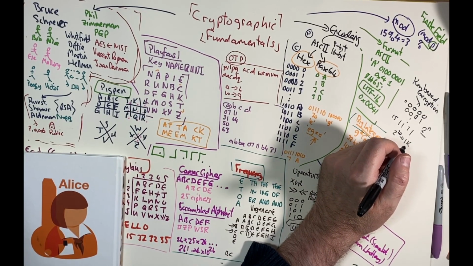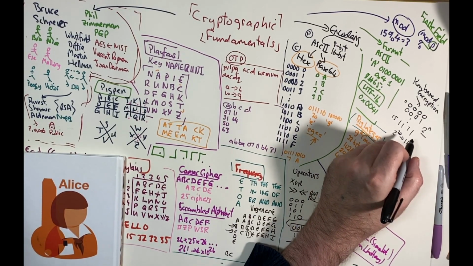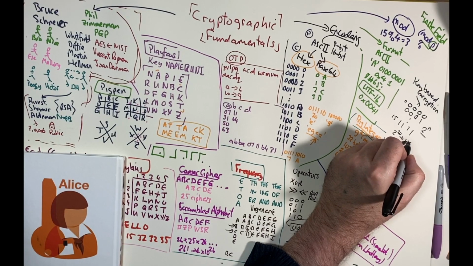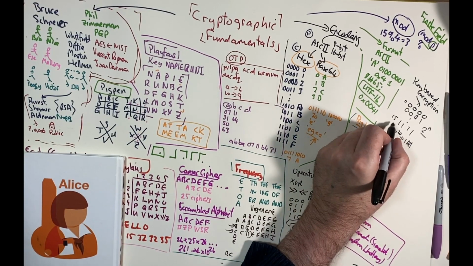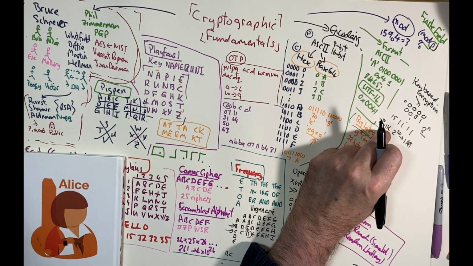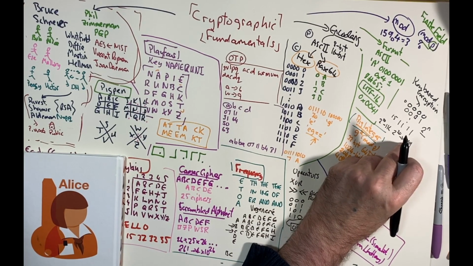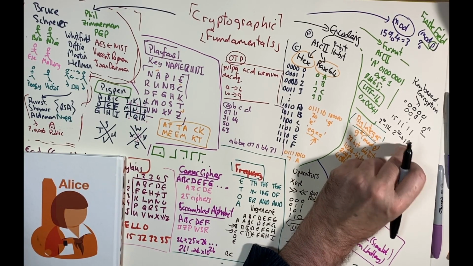For 10 bits, we have 1K or 1024. Sorry, for 20 bits, we have 1 meg, 1 million or 1,048,576.